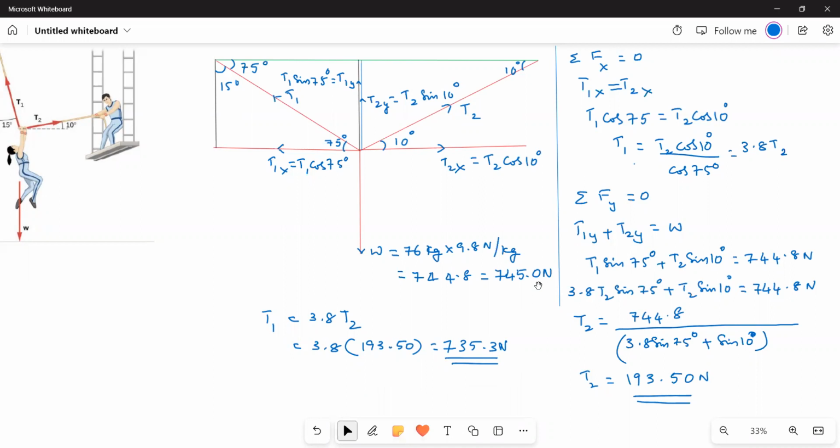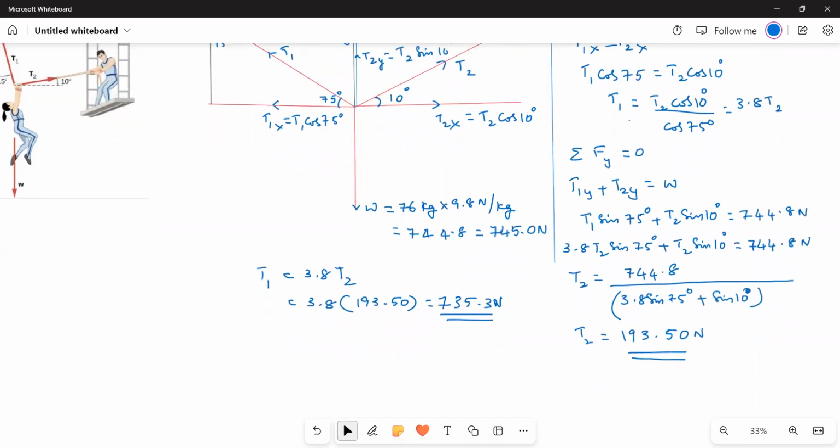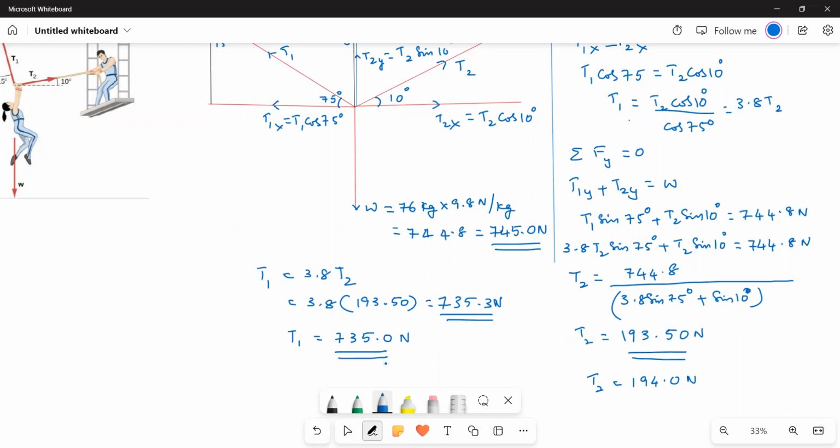These are the values. 745 is the weight, and T2 is 193.5, or you can write T2 is equal to 194. And T1 is equal to 735. Because this is less than 5, we can take it as 735 newtons.